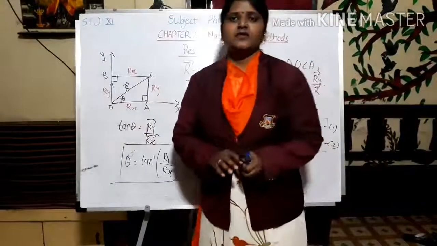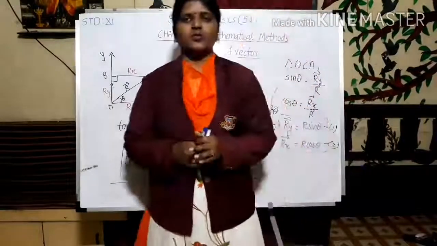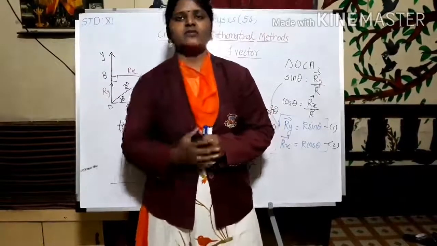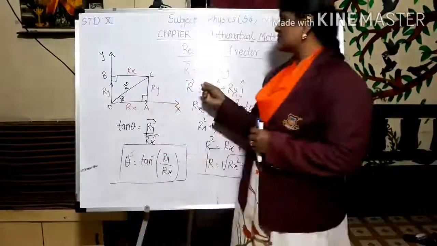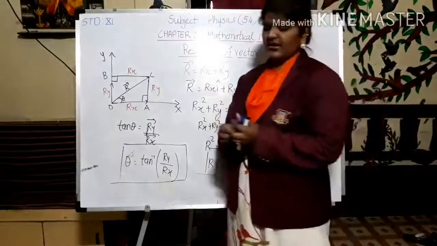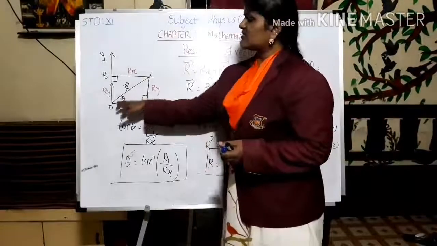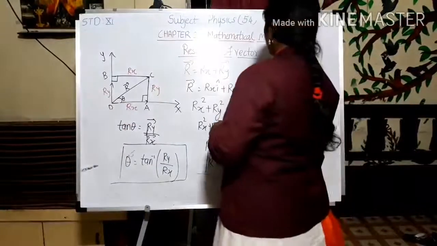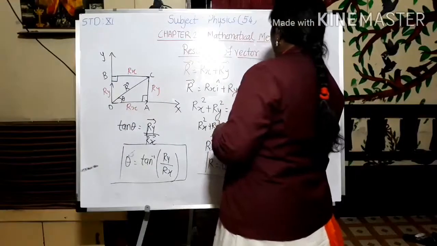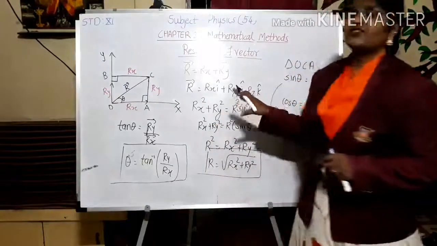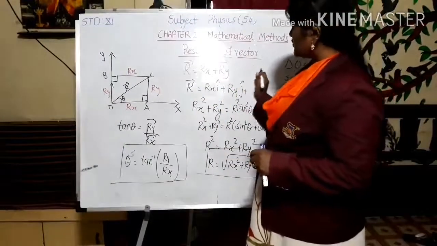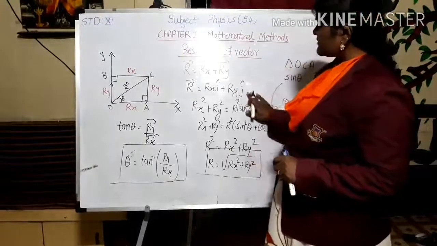We have resolved or split the vector into a number of components, and that is known as resolution of vector, which is this, Rx plus Ry. Even if I consider the z axis over here, it will be an addition to this. If I consider the third axis, it will be this. Here we are considering only 2, so it is only this.